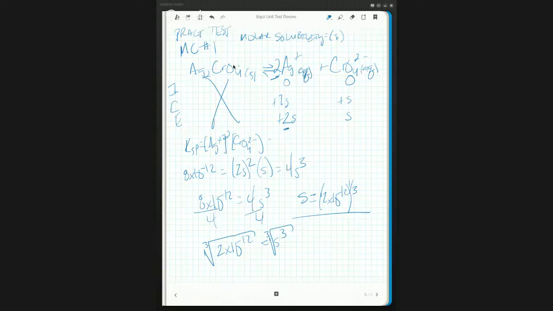When it dissociates, if you have 10 of these, you get 10 CrO4s, but you get 20 silvers. So that's why it's 2S, because it's double the concentration of CrO4. Then you're just plugging that in, but you have to square it, because if we're calculating K, the coefficients become the exponents. So that's why it becomes 4S cubed. That's how you get the answer for number 1.